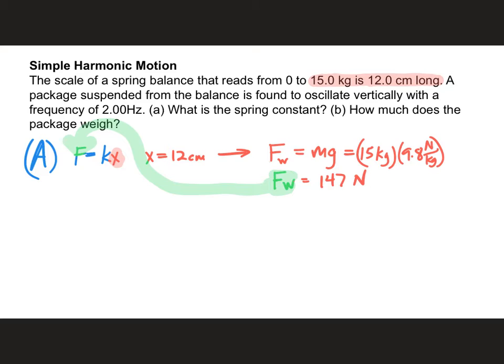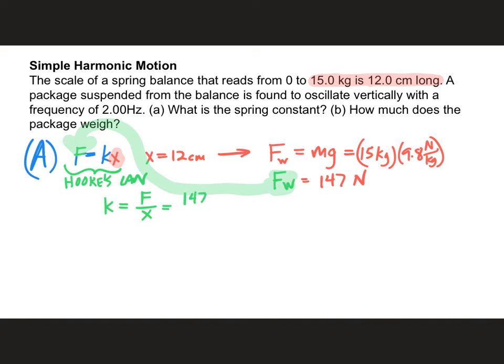that's the force that we're talking about in Hooke's law. Remember, F equals kx is that Hooke's law thing for springs. So now that I know what the force would be at a stretch of 12, I can just solve this Hooke's law equation for k.